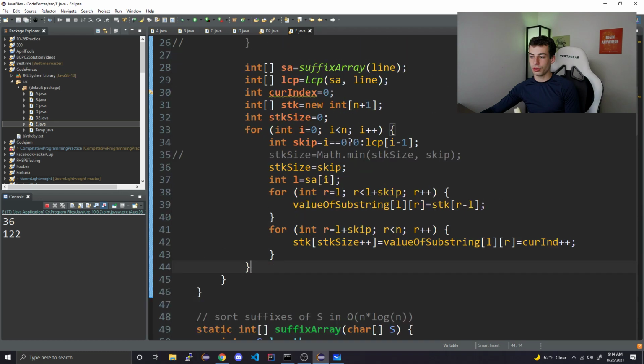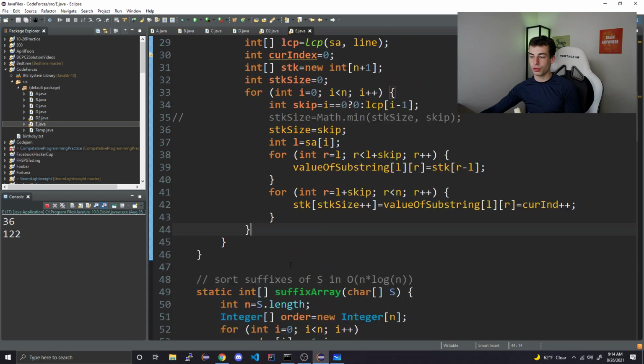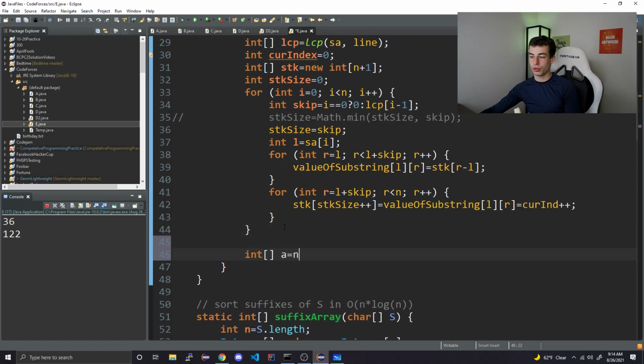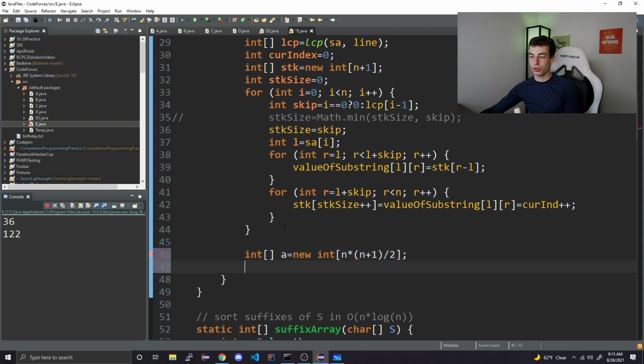And then we should have our array then. So it's n and n minus 1, n minus 2, so this is n times, so for 2 you have 1, 2, 3. So 2 times 3 plus 1, or 3 over 2. Okay.